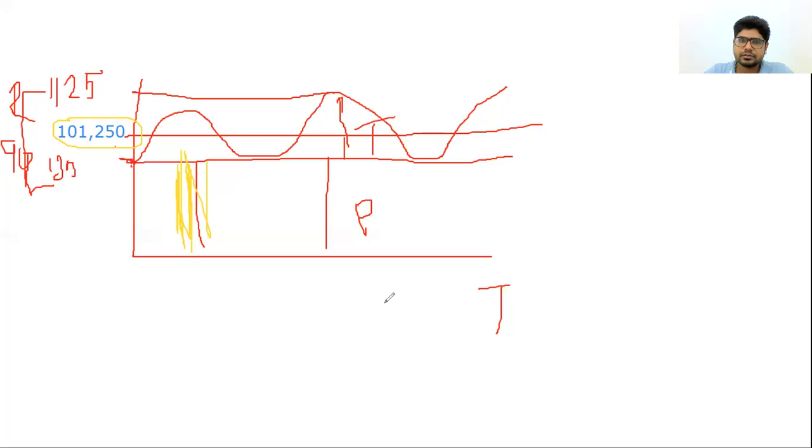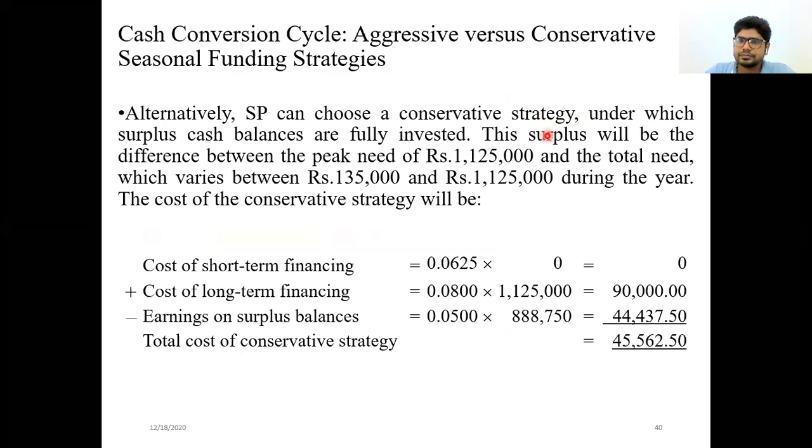Here, I choose the conservative strategy under which surplus cash balances are fully invested. This surplus will be the difference between the peak of 1,125,000. It's the same answer. Now we are getting 135 plus 990 equals 1,125,000, isn't it? Yes, the answer tallies.